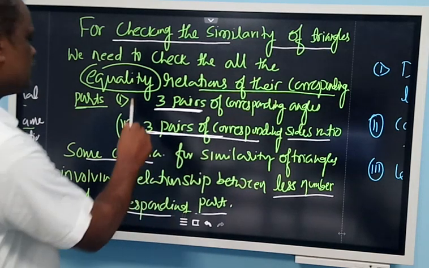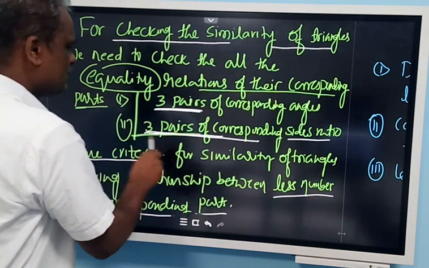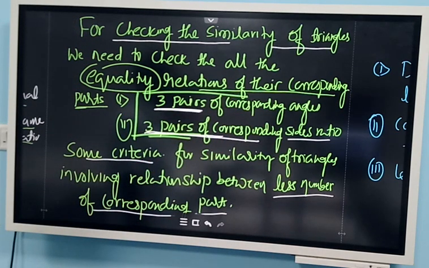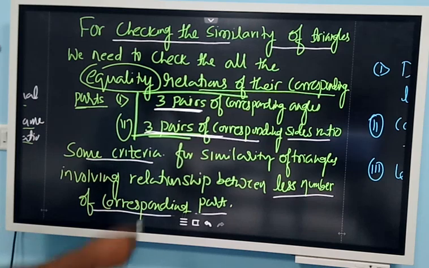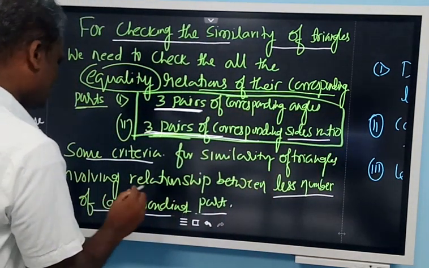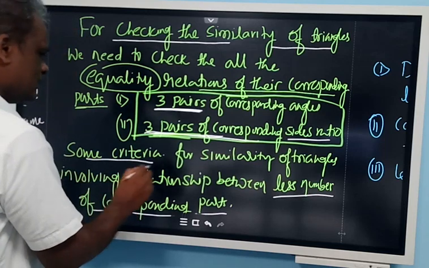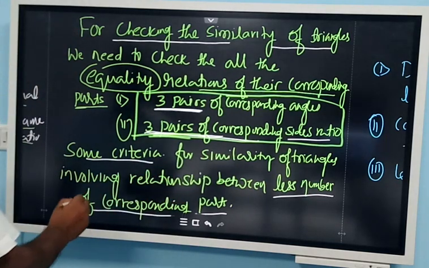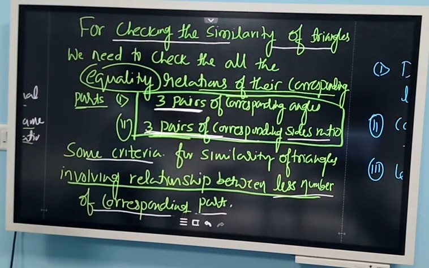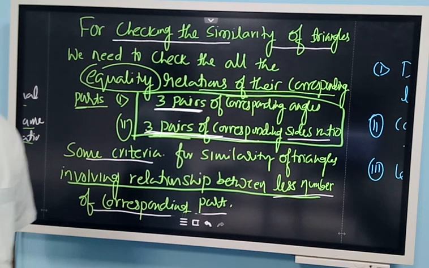There is no need to check all 6 pairs. We can check the minimum number of corresponding parts, involving the relationship between fewer parts of these triangles. That is called the criteria. We will learn in detail what the criteria are.